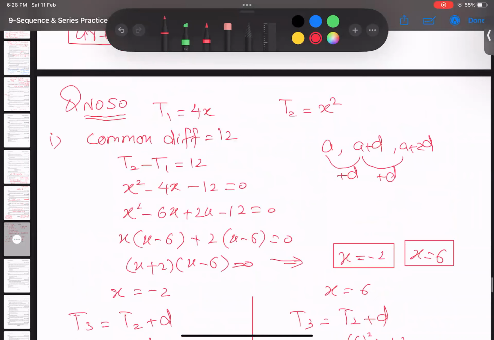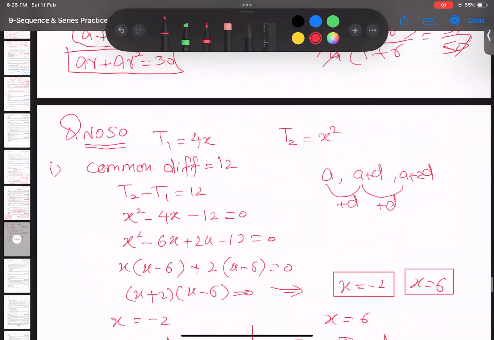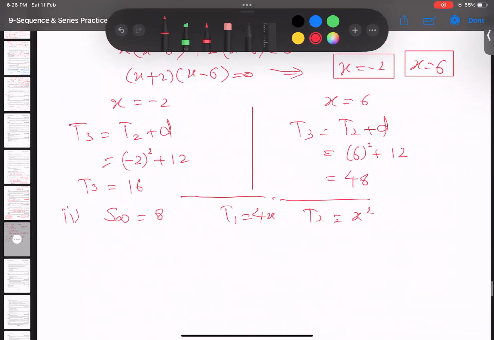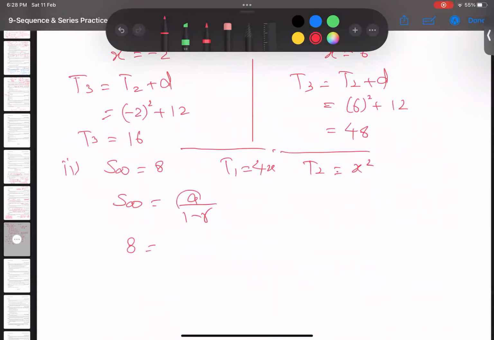What is the sum to infinity formula? a upon 1 minus r. S infinity is 8, a is the first term 4x, and the common ratio is the second term divided by the first term: x squared over 4x, so r is x upon 4.